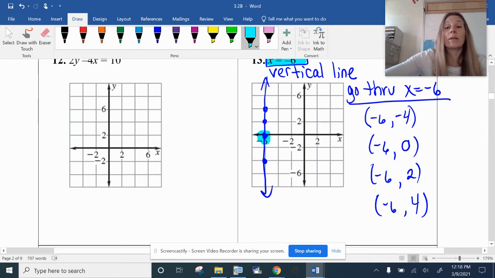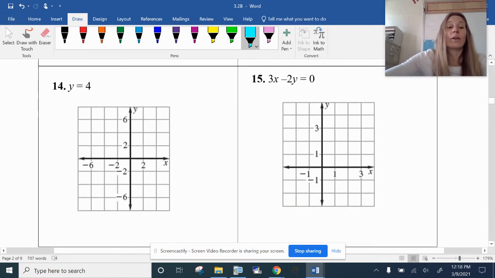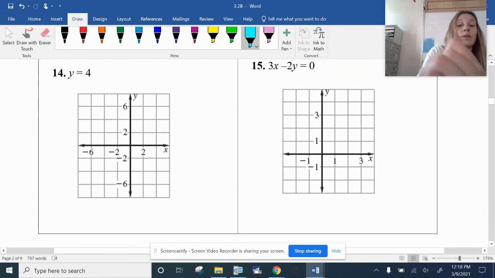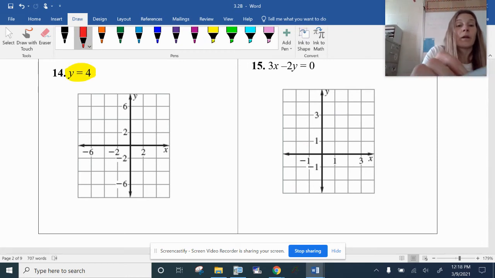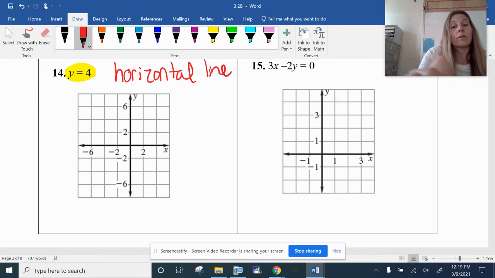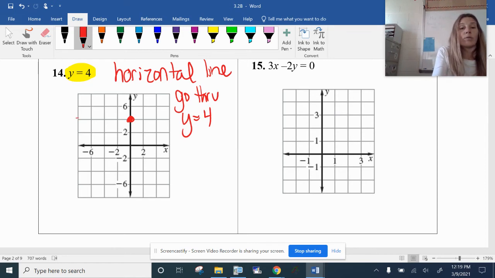You're going to find that, and then you're going to draw a vertical line intersecting the x-axis. You're going to do the exact opposite if you get a question like number 14. So number 14, we have y equals a number. So this one is going to be a horizontal line. And it's going to go through y equals 4. So you find the 4 on the y-axis, and you would draw a horizontal line through it.